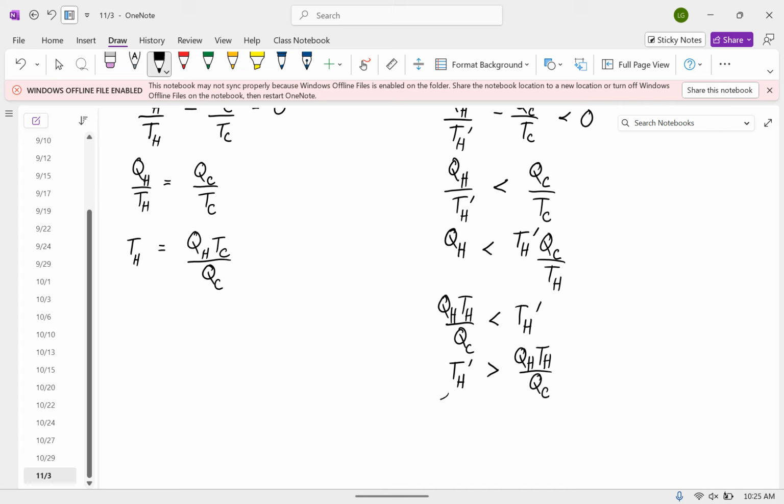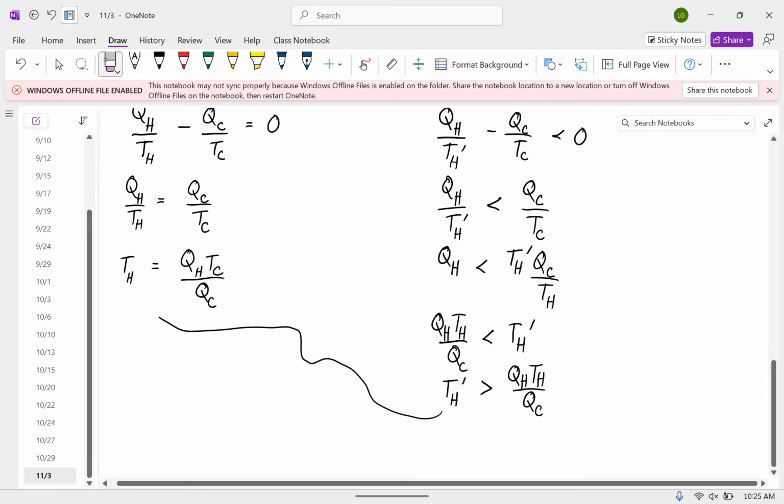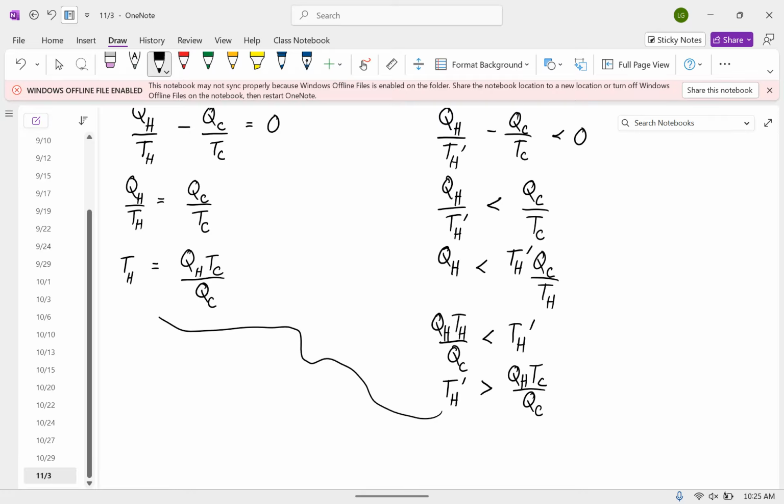Is that supposed to be TC? That is supposed to be TC, you're right. TC. Okay, QC over TC. So TH prime is greater than TH.